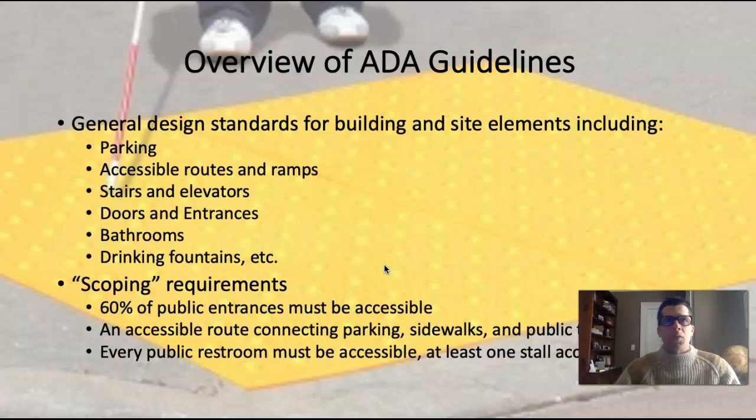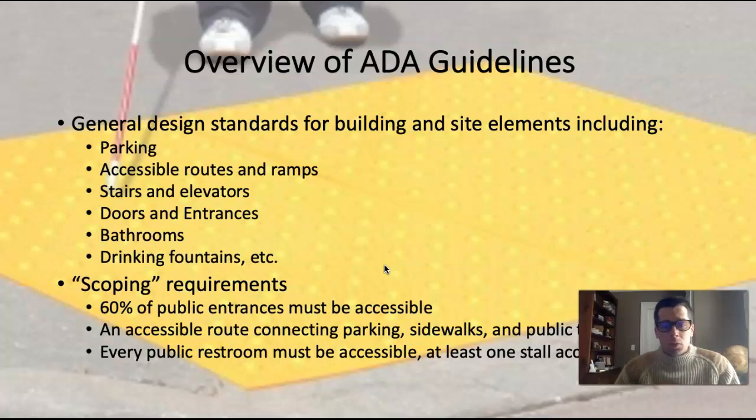Scoping requirements, those are the specific things addressed in the general design standard. So if you're constructing a building that's going to need to be ADA compliant, 60% of the public entrances need to be accessible. You have to have an accessible route from the parking, from sidewalks around the building, and from public transportation. If there's a bus stop nearby, there needs to be an accessible route.